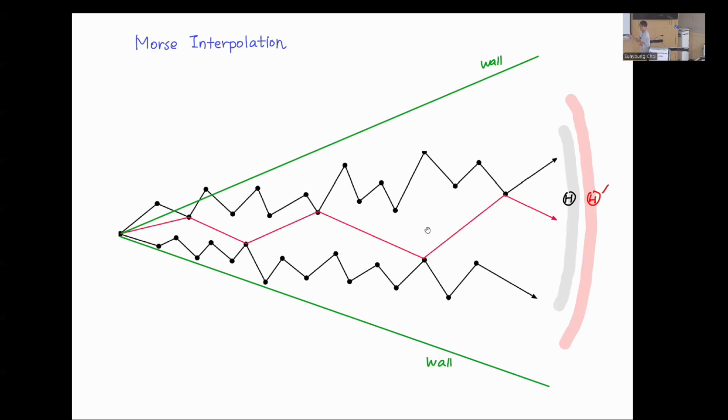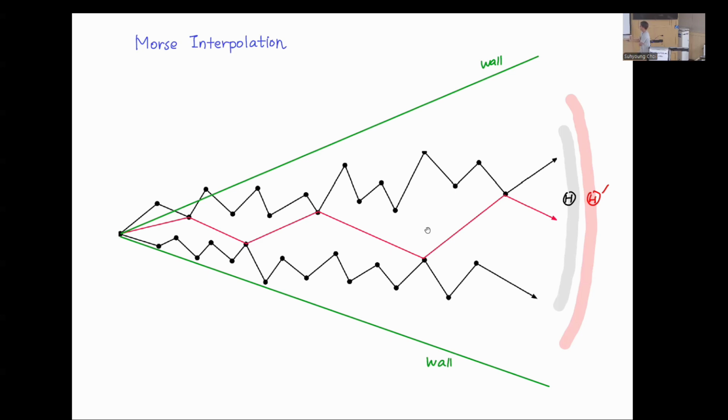You can think of that. So then you have a uniformly Morse quasi-geodesic ray for each point in the flag space.